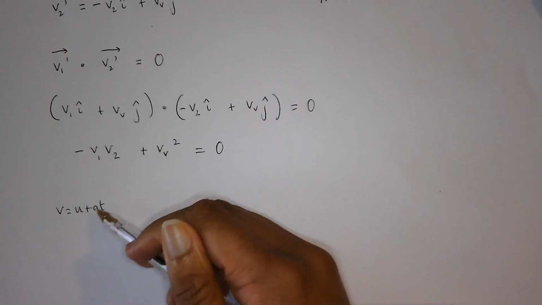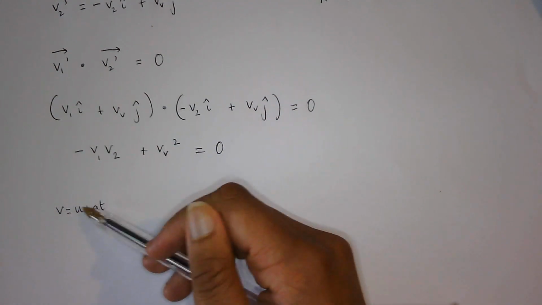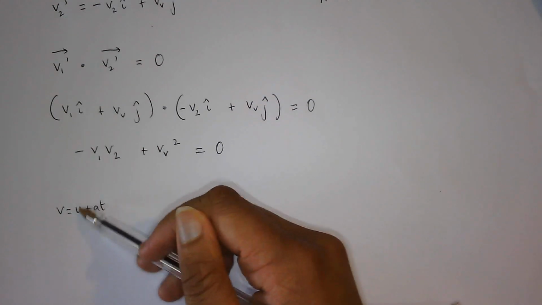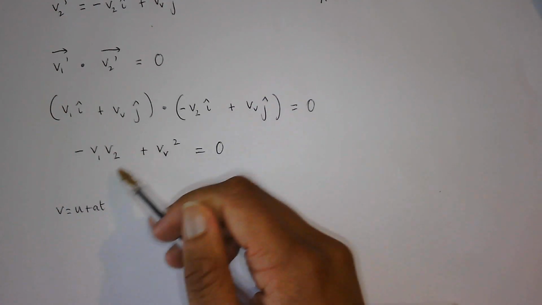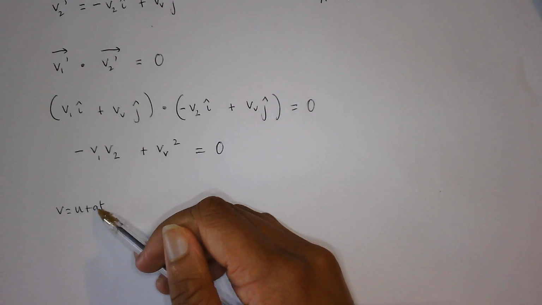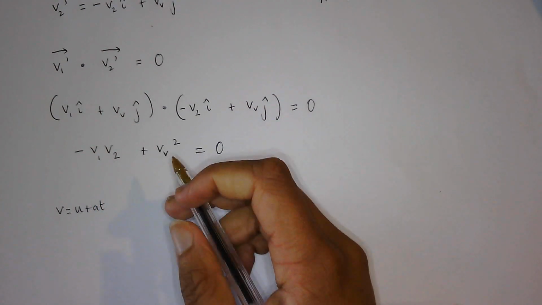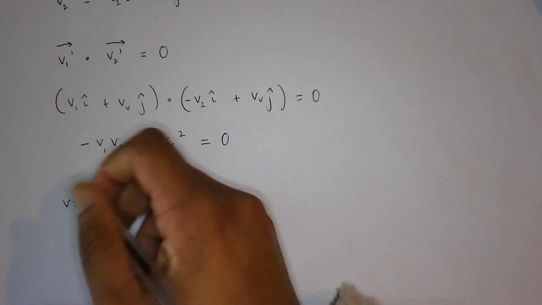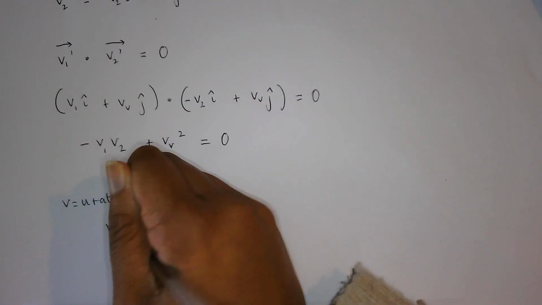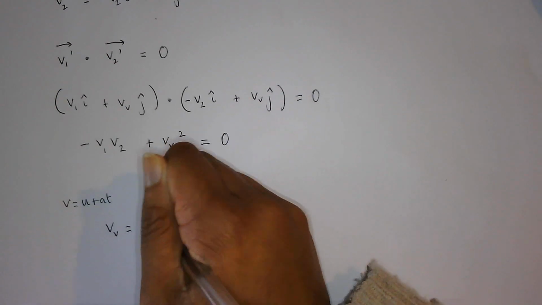In this case, the initial vertical velocity was 0, the final vertical velocity is our vv, and the acceleration is g, like gravity. So we can write that vv equals gt.